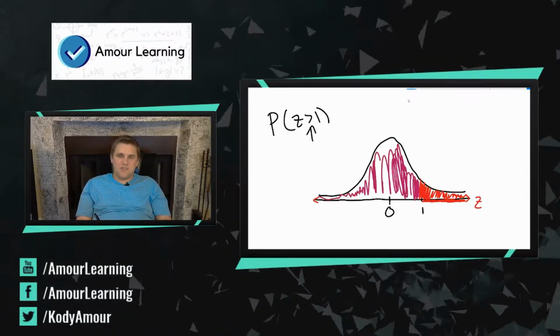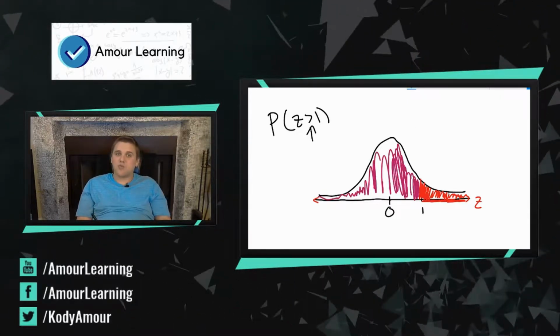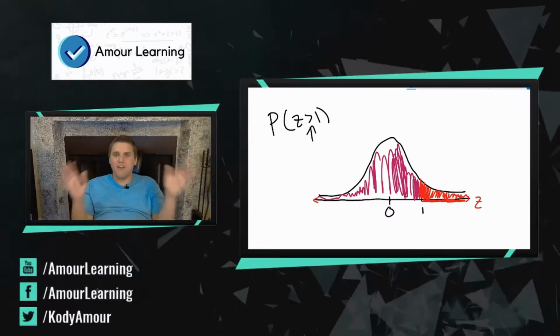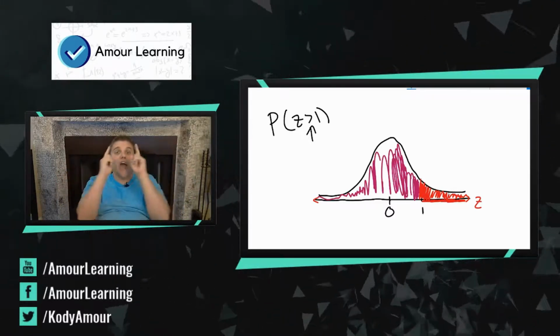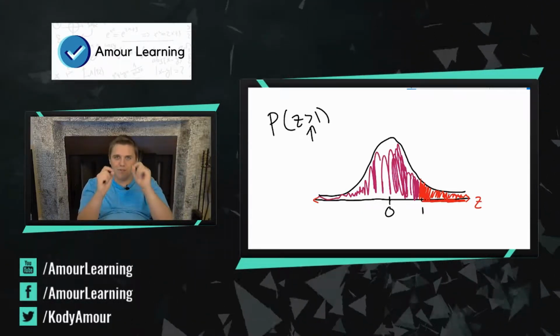That's okay though, because this purple region and this red region together make up the entire area under the bell curve. And remember, the entire area of this bell curve should add up to 1.